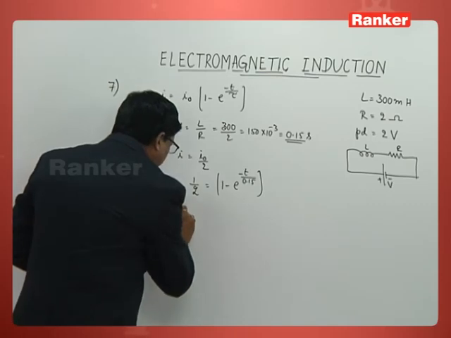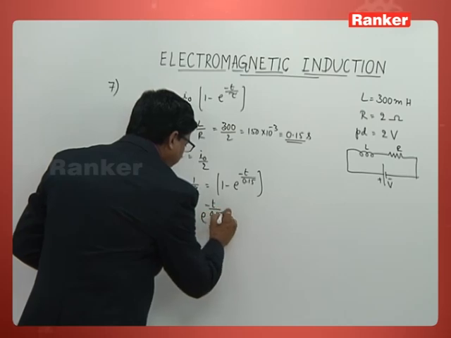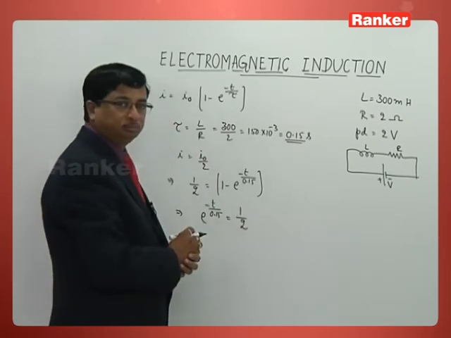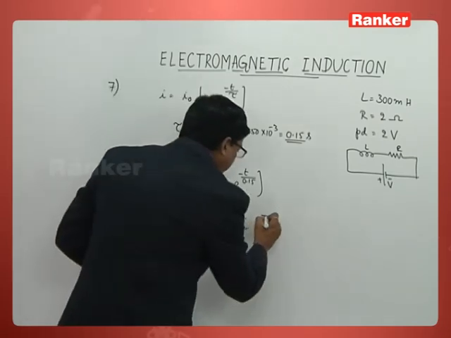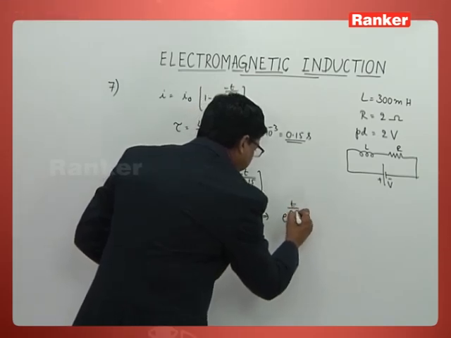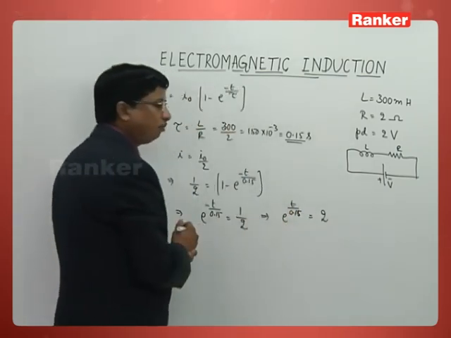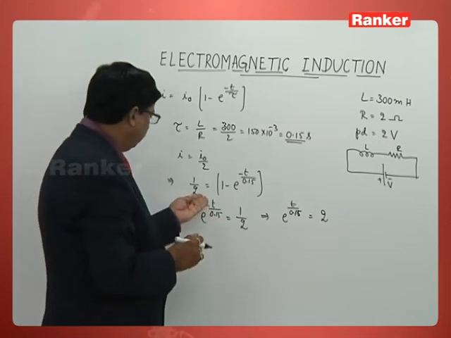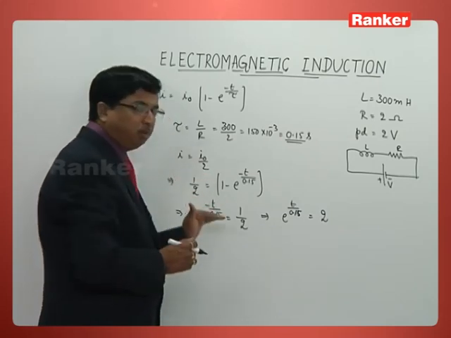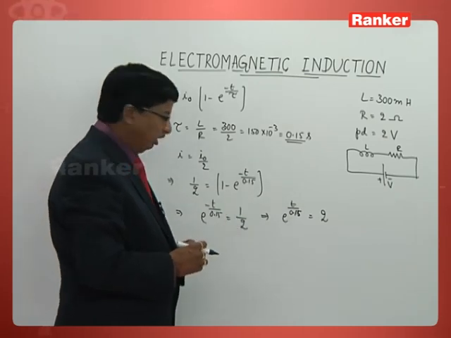In other words, you can rewrite the same this way, e power minus t by 0.15 is equivalent to 1 by 2. So you can even rewrite it as e power t by 0.15 is equal to 2. e power minus t by 0.15 can be written as 1 by e power t by 0.15, so the denominators I have equated, nothing special there.